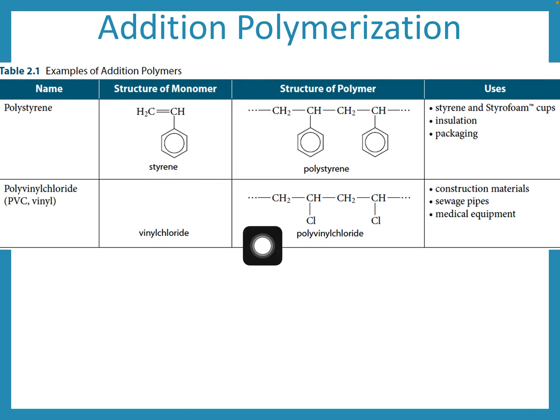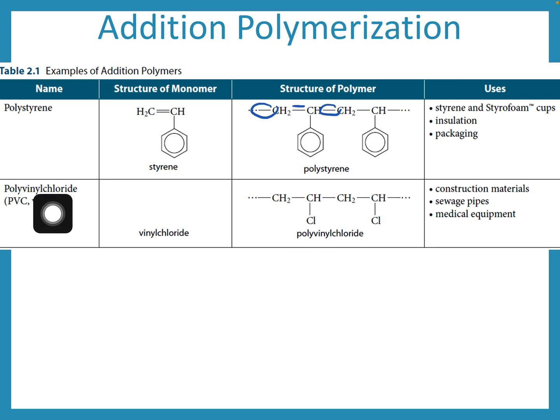If this were to move in reverse, this bond would be gone, this one would be broken as well, and that's where that double bond in that monomer unit came from. We use this as styrofoam containers, cups, insulation, packaging.